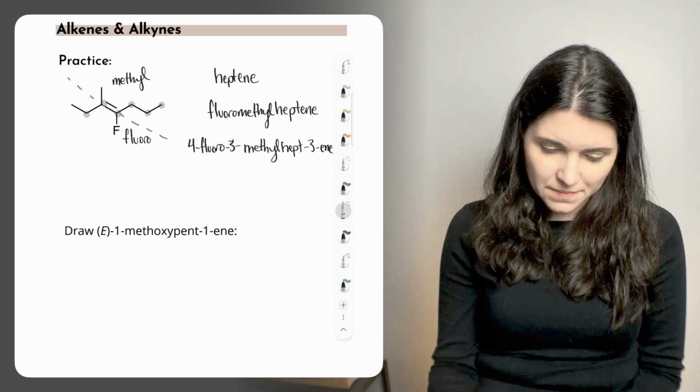On this side, so this carbon here, we have a fluorine atom versus a carbon atom. And fluorine has a higher atomic number than carbon. So this side is the priority, it gets the P.